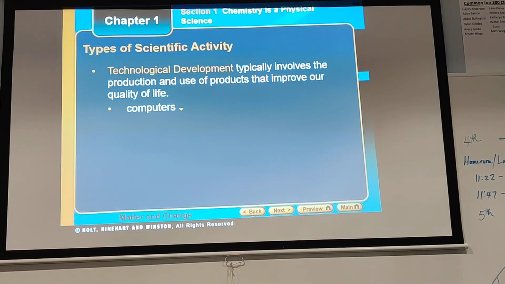Computers. The first computers were used in the military to calculate, if they fire artillery, if they're going to hit a target, at what angle do I need to fire it so I can hit my target.